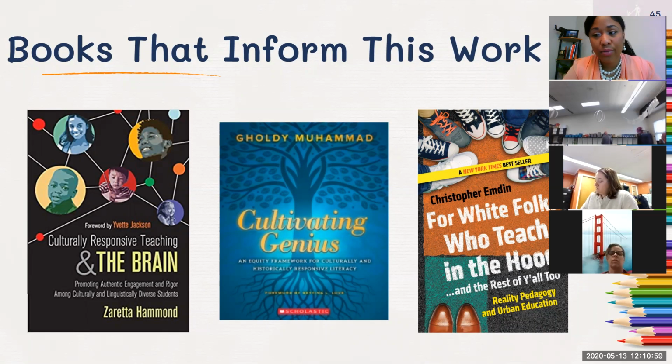It's really great, and it has a lot of pictures and student examples in it too, which I feel like educators appreciate. And then lastly, we have the book by Christopher Emdin. He's actually been to our city several times to give talks. It's called For White Folks Who Teach in the Hood and the Rest of Y'all Too: Reality Pedagogy and Urban Education. That's where I got the whole concept of co-generative dialogues from. So those are 3 wonderful reads that I would highly recommend.